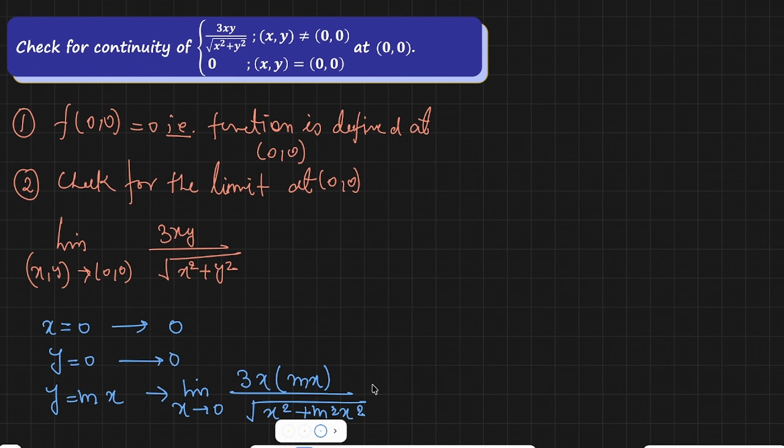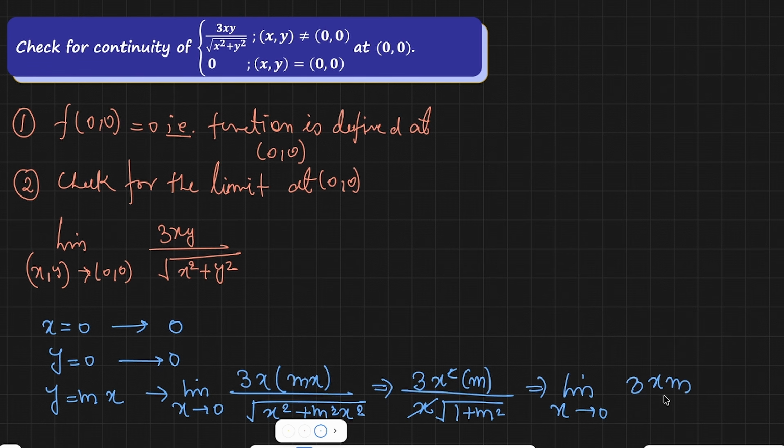When you solve this, it is 3x square m upon, when you take x square common, square root gives x, and this is 1 plus m square. Then x and x get cancelled, so it will be limit x tending to 0 of 3xm upon square root of 1 plus m square.